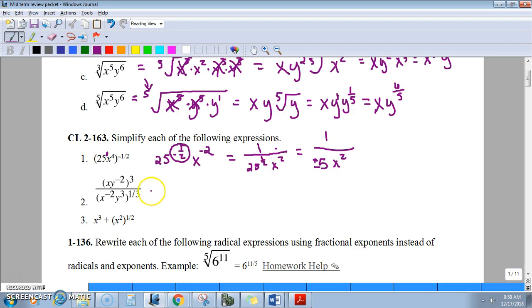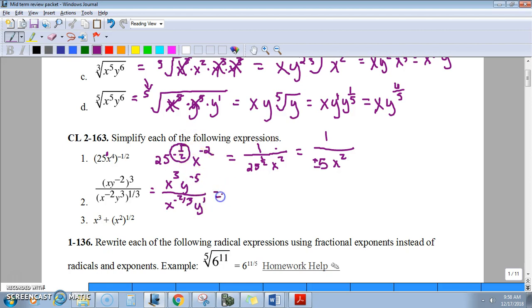All right, next problem, power to a power. I'm going to multiply my exponents first. So I'm going to have x cubed y to the negative 5th power over x to the negative 2/3 power y to the 1st power, because 3 times 1/3 is just 1.